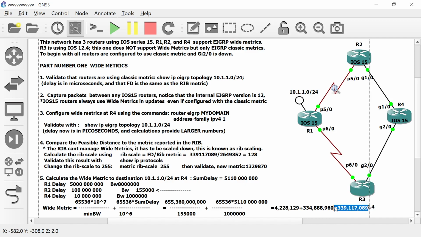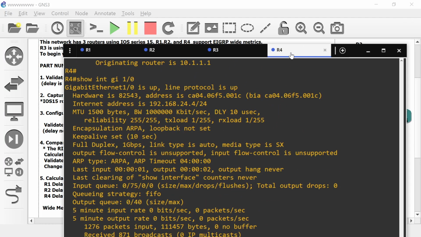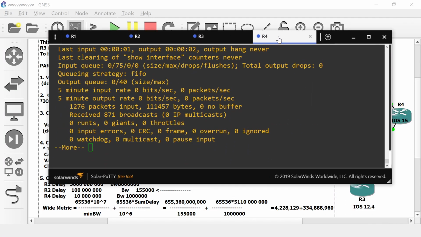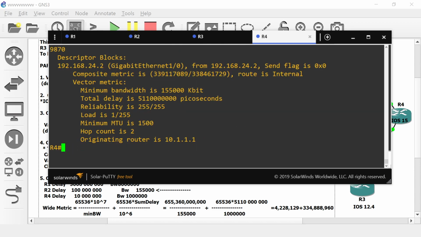I'm going to put it somewhere else. This is the metric that we just calculated. Let's see if router 4 says otherwise. Show ip eigrp topology.